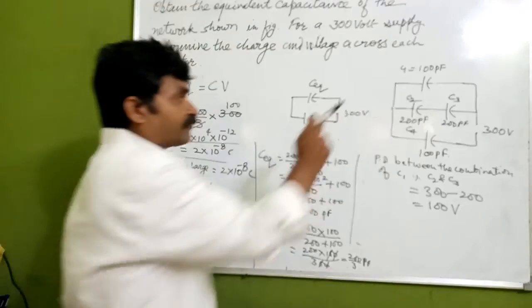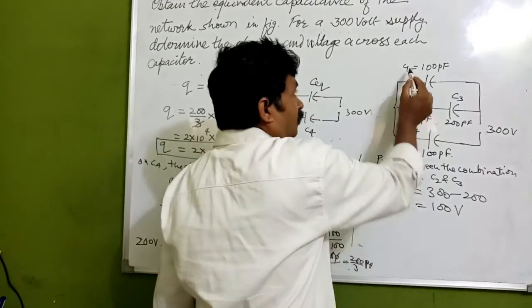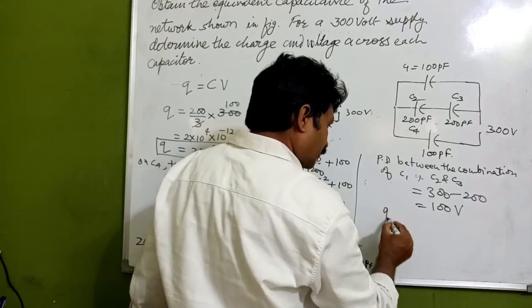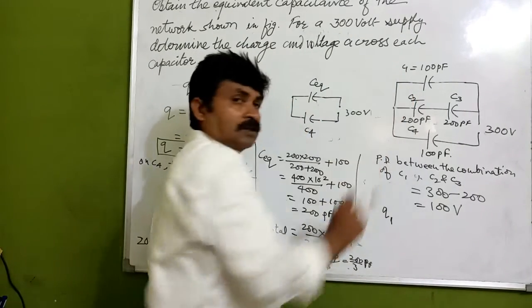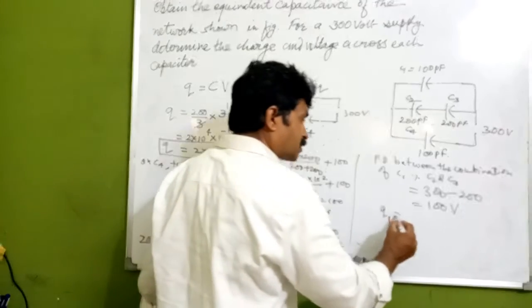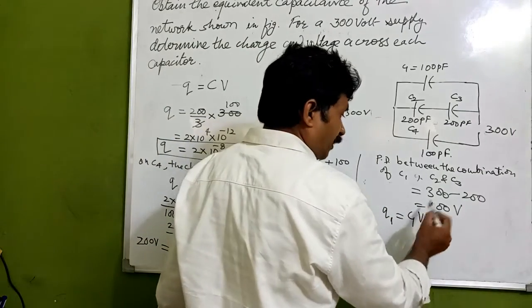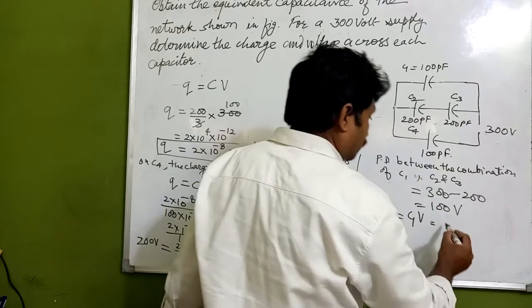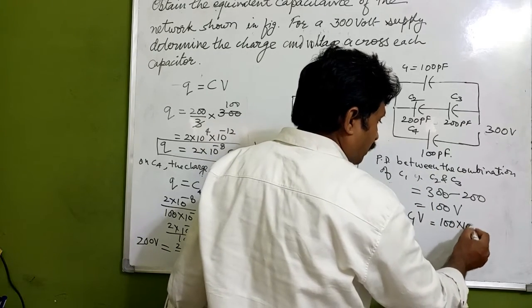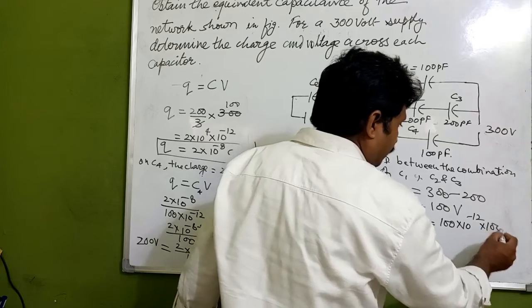Okay. So here if we want to know the charge, we call it Q1, the charge on this C1, that is C1 into V. C1 is 100 into 10 raised to the power minus 12 multiplied with 100.